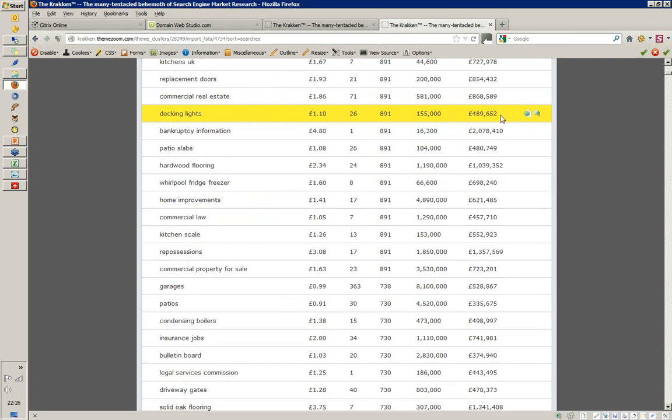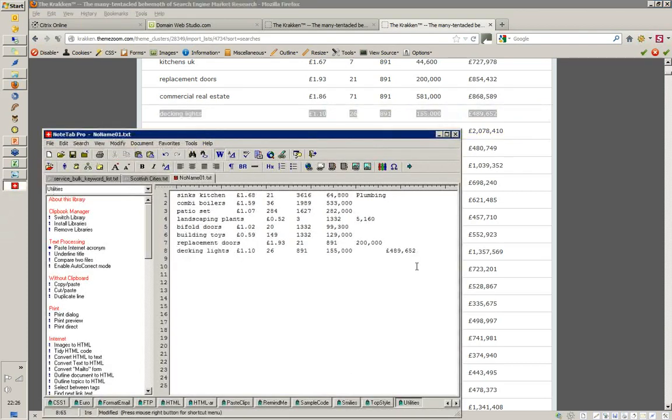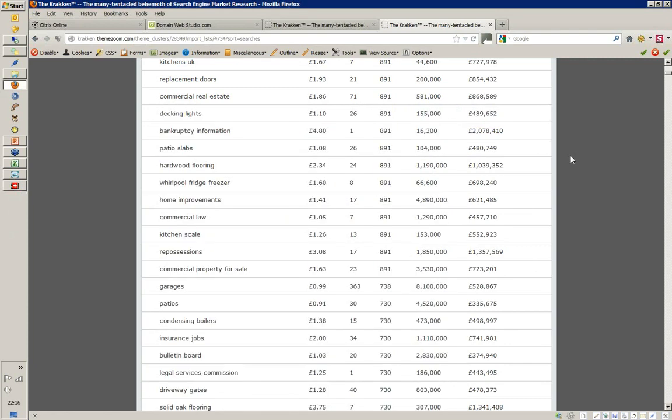Let me just jump in here for a second. For example, what you're looking at right now, he's got hardwood floors. Can you just sit on the Kraken screen for a second, Matt? So you've got hardwood floors at just over 1 million pages, and you've got patio slabs at 100,000 pages, right? That's on a national level, and if you're going to look at it on a city level, it's all going to slide down proportionally.